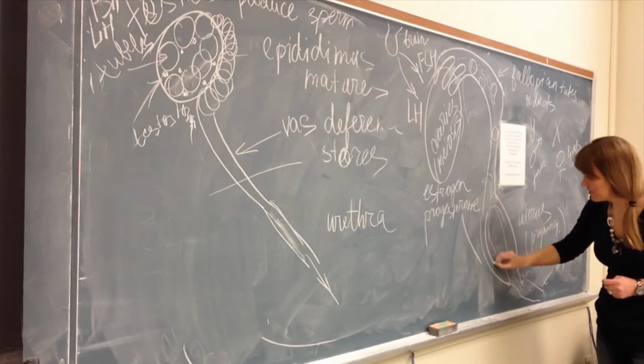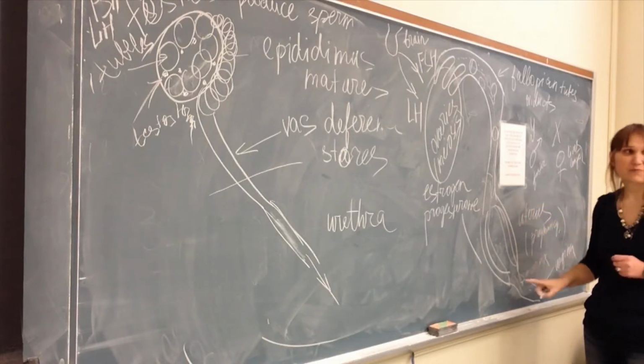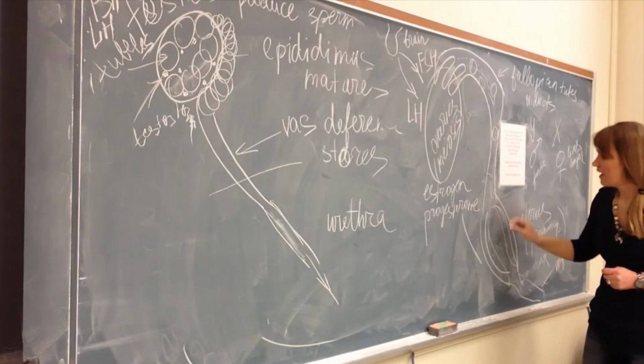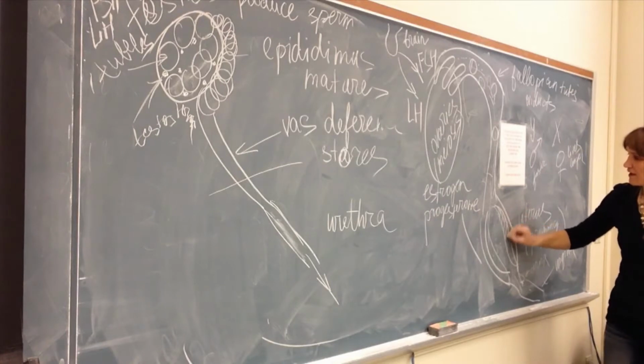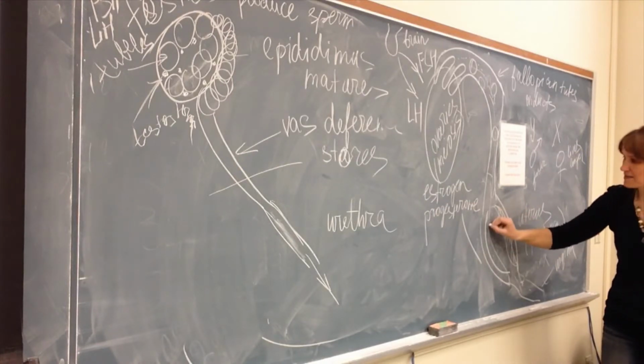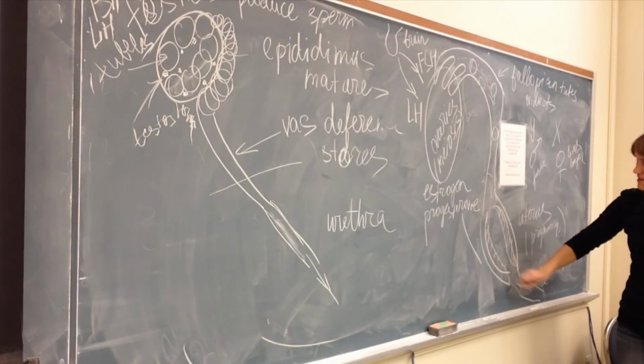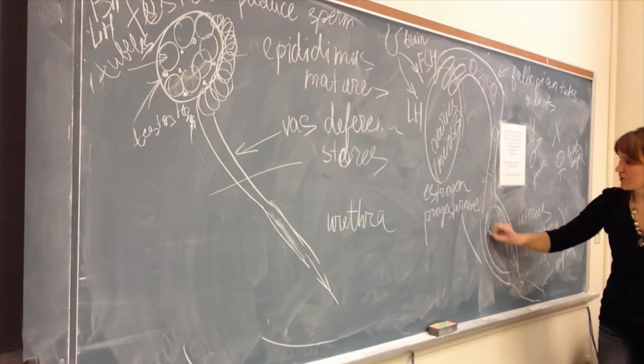So the uterus has a special lining. I would like you to draw this lining and color it in a different color, possibly red, because this is the reason for menstruation.